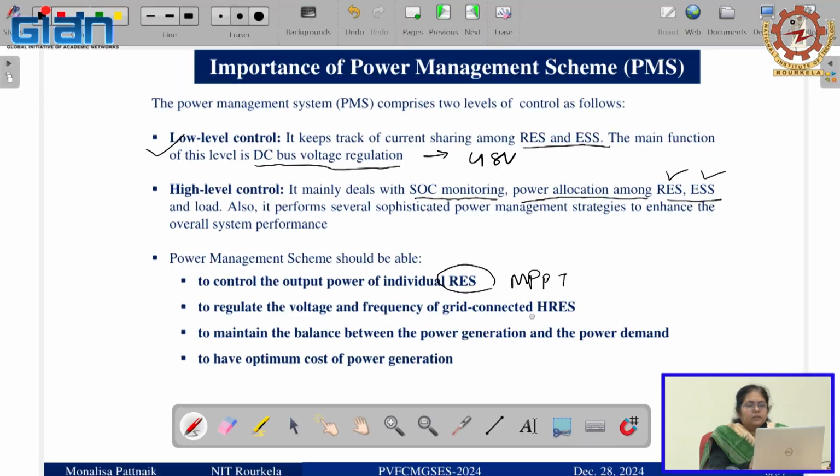Then when we go for a grid connected system, which we have not shown here, you have to additionally regulate the voltage and frequency, for which you have to put another power electronics converter between the DC bus and the AC bus, or the grid. That will be responsible for regulating the grid voltage and maintaining the voltage and frequency constant.